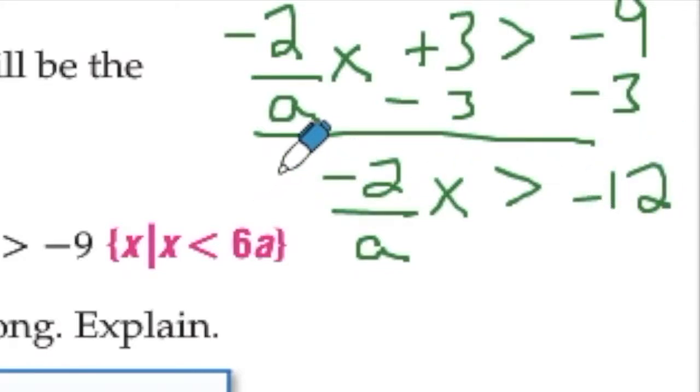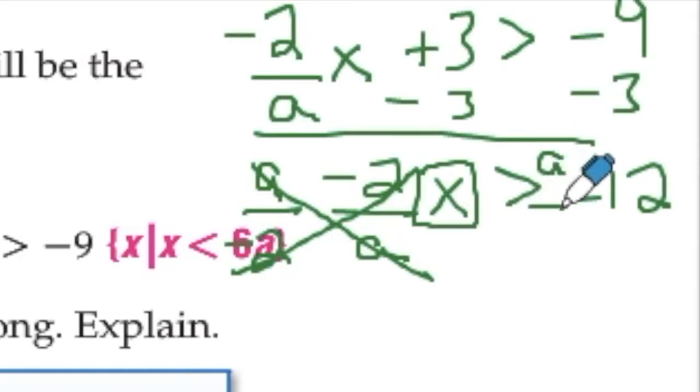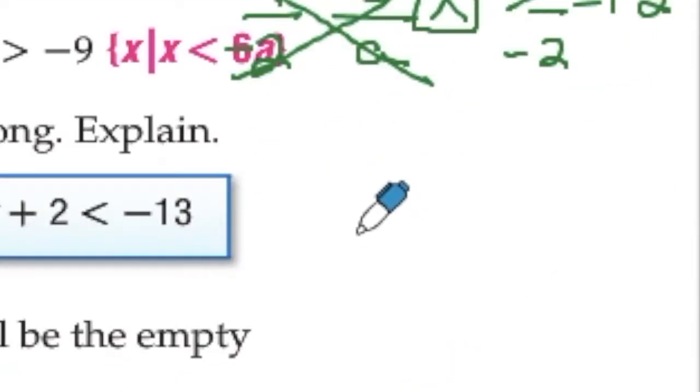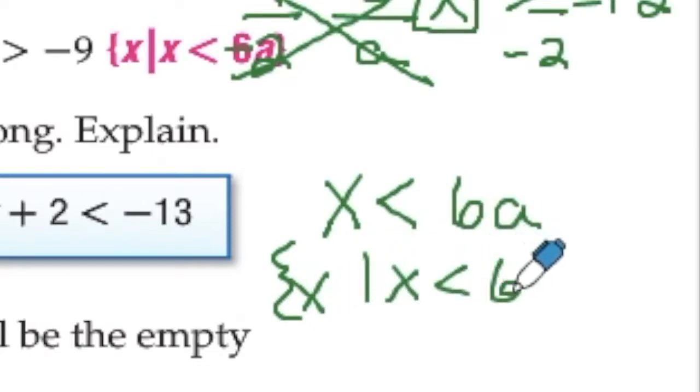If I multiply by the reciprocal, a over negative 2, I can isolate the variable x, but I also need to remember to multiply the right side by a over negative 2, in which case I did multiply by a negative number, so the inequality sign flips. x is less than a over negative 2 times negative 12, which simplifies to 6a. So we have x such that x is less than 6a.